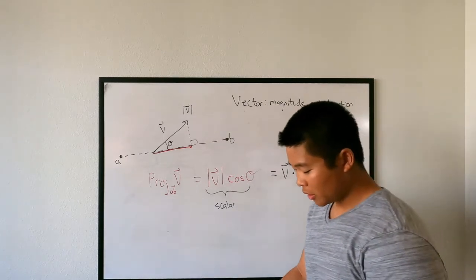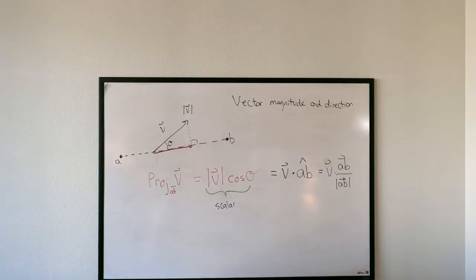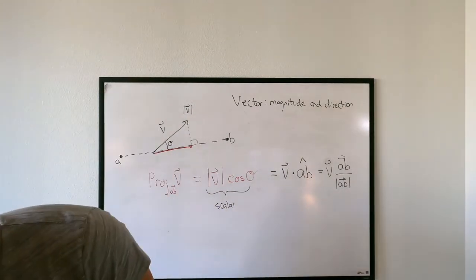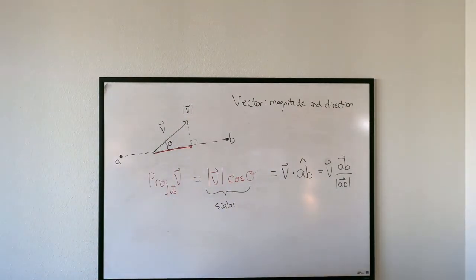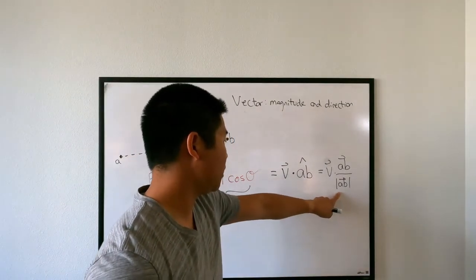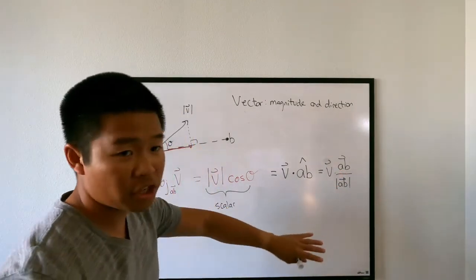Okay, so the question is, how do I do this? And I'll actually do an example in a little bit. I just want to get through some more of the boring notation stuff before we do any real numbers. Okay, so that is how we find the scalar projection.